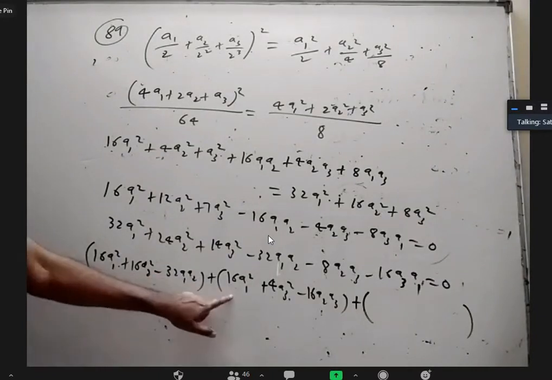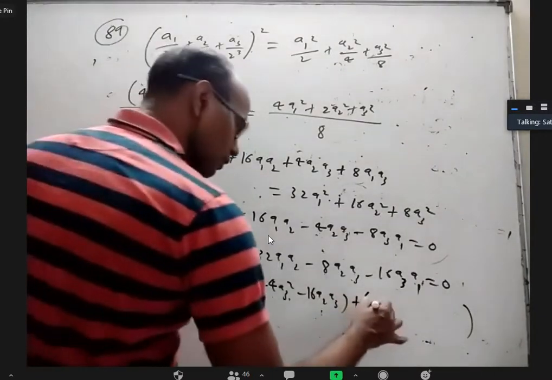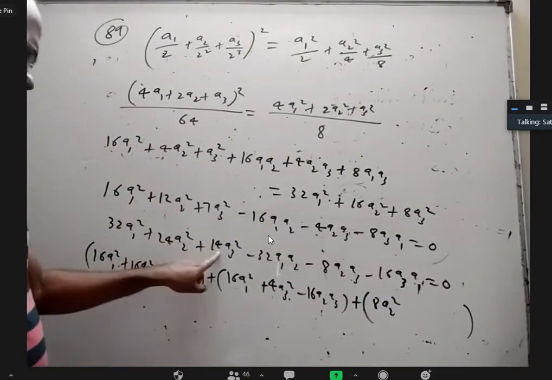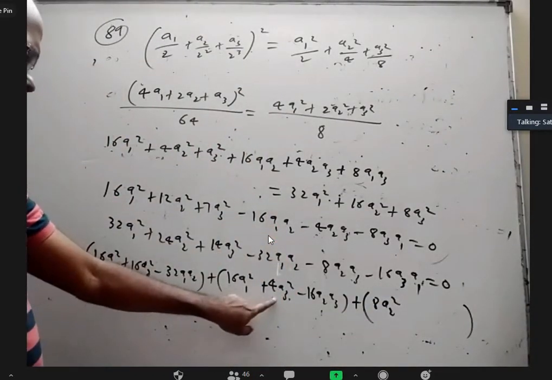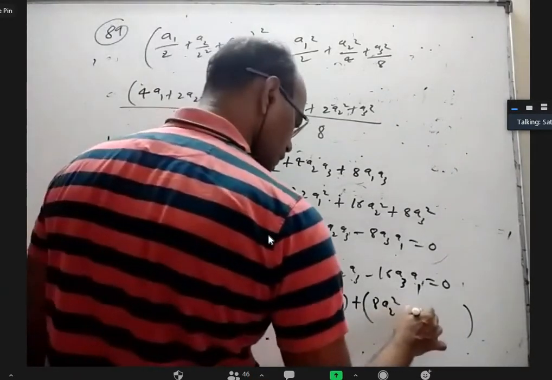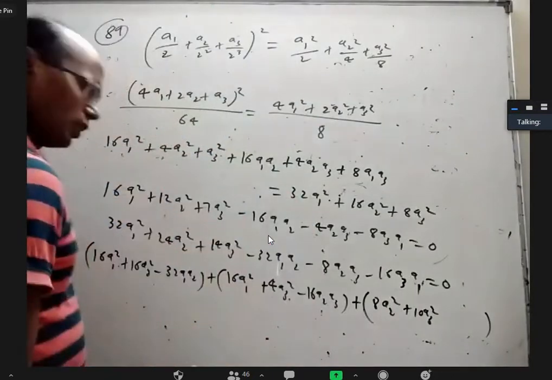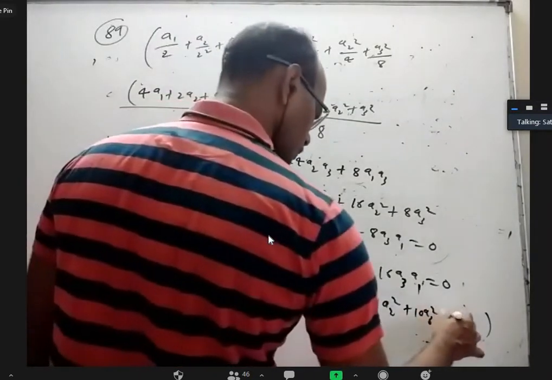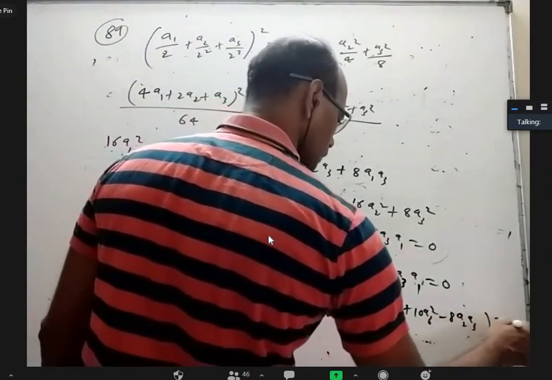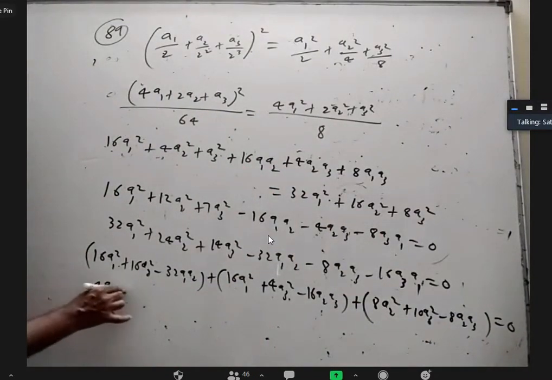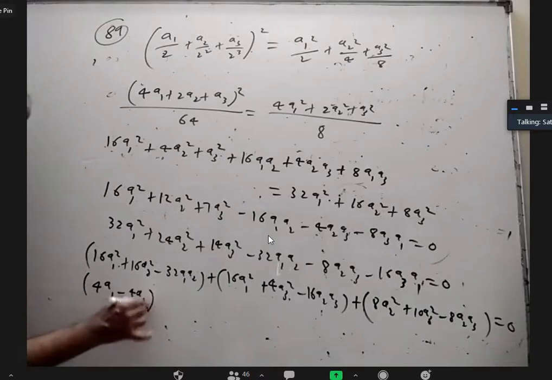a1 square is completely used up. Among a2 square, 8 a2 square is left. a3 square is 14. I only used 4 a3 square, so I will have 10 a3 square. And then minus 8 a2 a3. This is a perfect square, which is (4a1 minus 4a2) whole square.